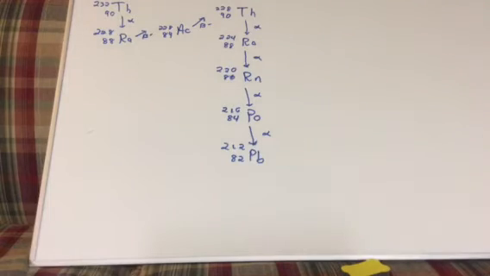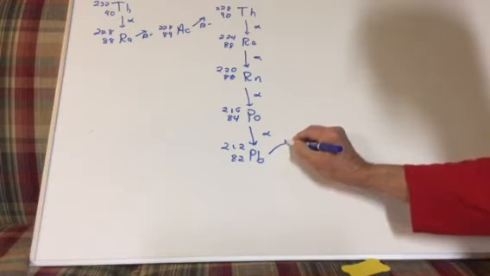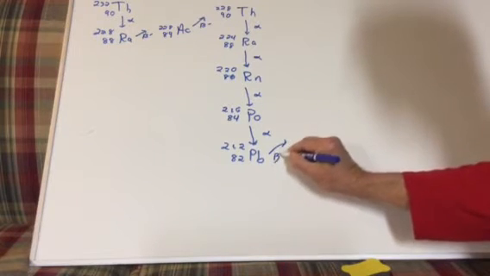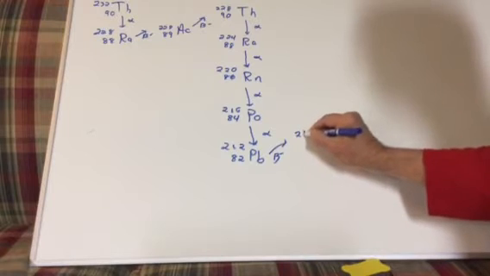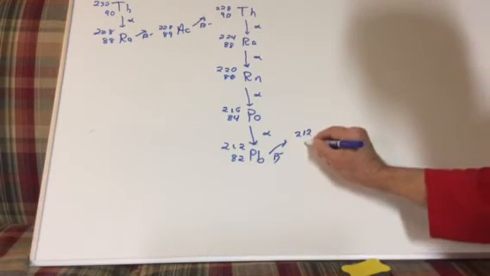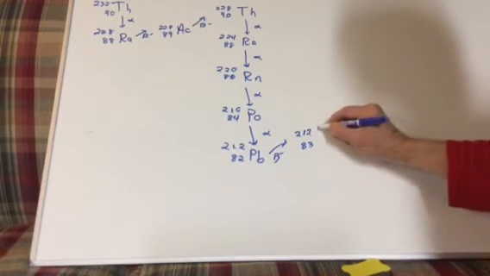Now this is a radioactive isotope of lead, so it's going to also continue to break down. What we see happening here is a beta particle, so the mass stays 212. The atomic number goes to 83, and you see that that is bismuth.